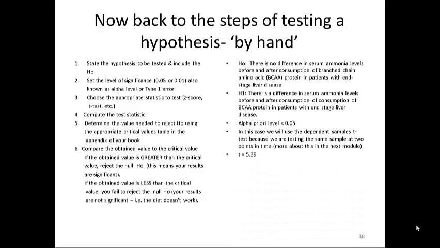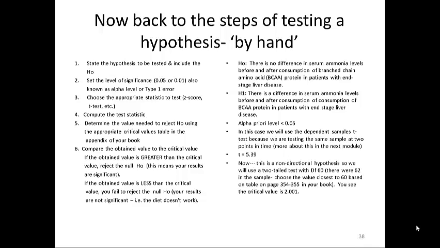In this case, we will use a dependent samples t-test because we're testing the same people at 2 different points in time. I don't expect you to know that right now. In our next module, we will talk about the t-test and we'll get into selecting the right statistic. We calculate the t-value and it comes out to 5.39.